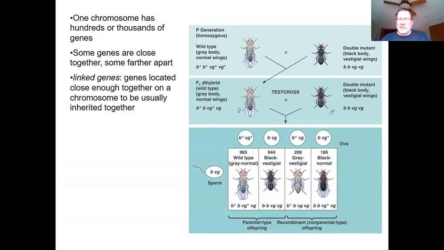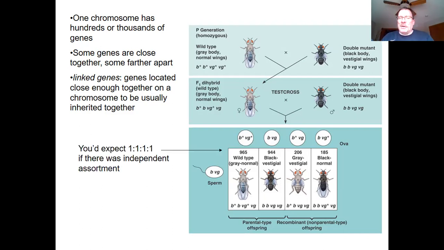Well, as you look at the results down there, you have a vast majority of what are called the parental phenotype, and only a small number of what are called the recombinant or non-parental phenotypes. Instead of seeing 25% of each, you see it dominated by the normal parental phenotypes, the heterozygous and the homozygous double mutant, and only a small number that mix both.